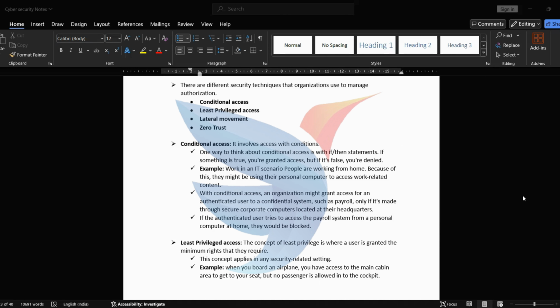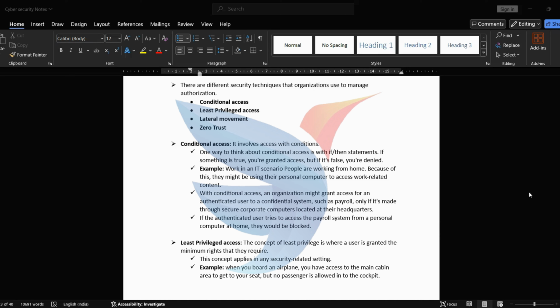So for example, working in an IT scenario, people who are working from home might be using their personal computer to access work-related content.